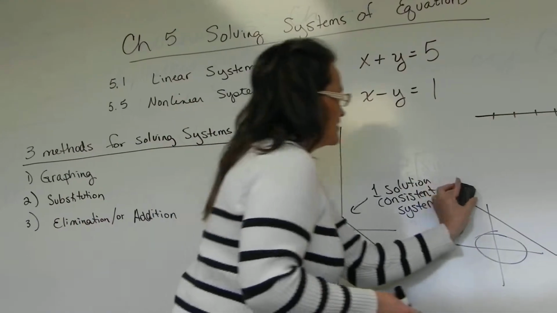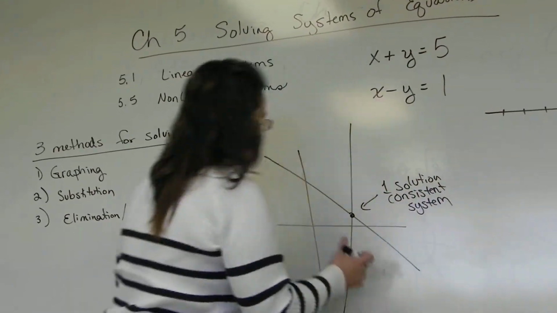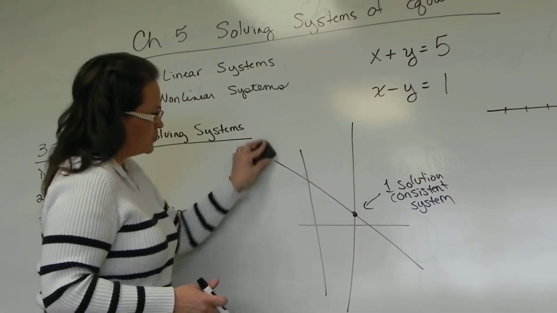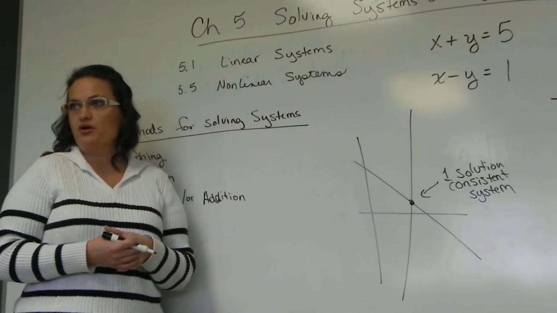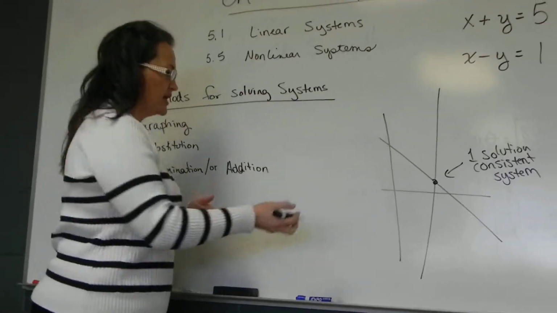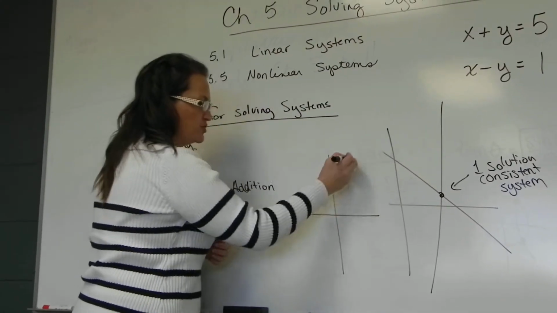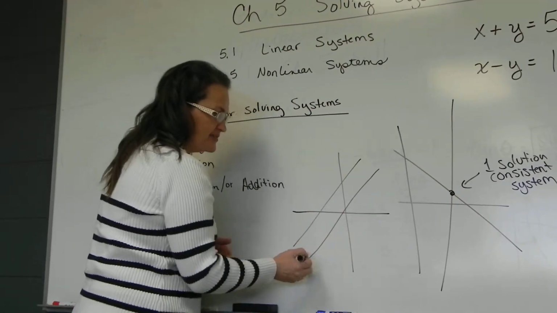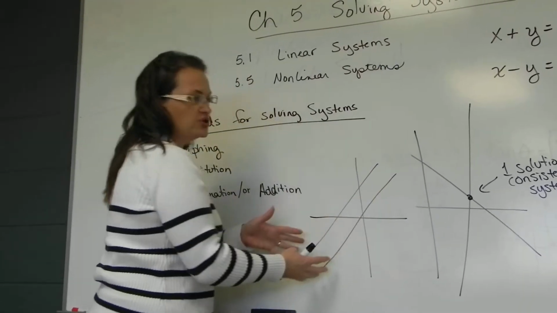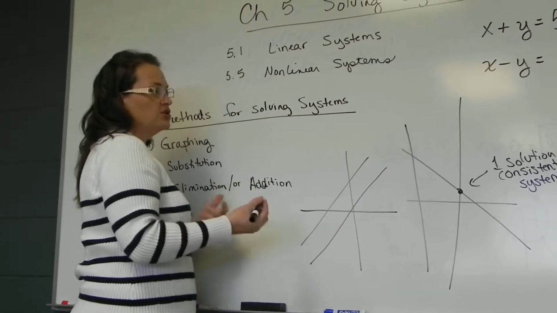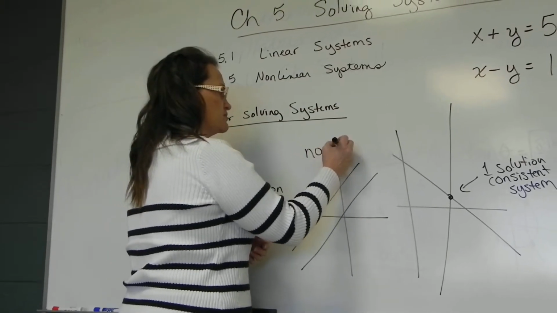That will be your solution, and it will be a consistent system. Now, can you think of a situation where you would see the two lines not crossing? What would that look like on a graph? Parallel lines. Right. If you would have two lines with the exact same slope, but they're two different lines, unique y-intercepts, so two lines running parallel, you would have no solution.